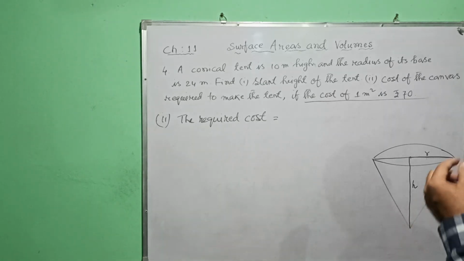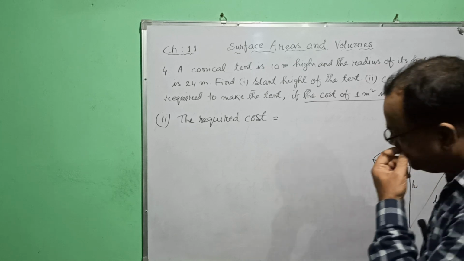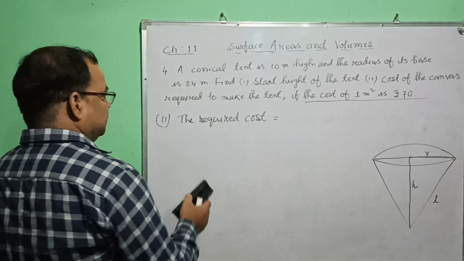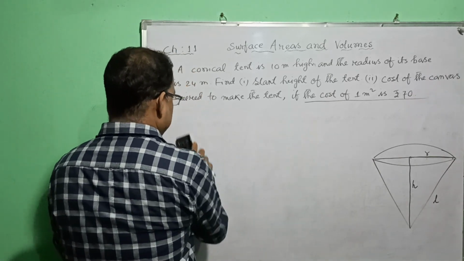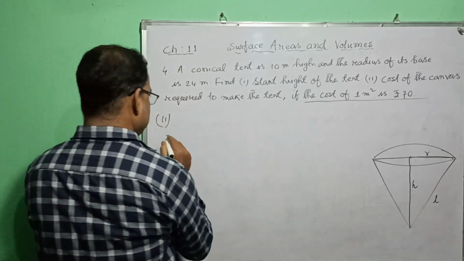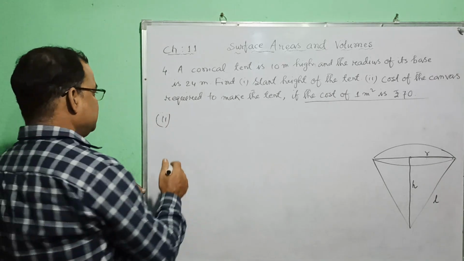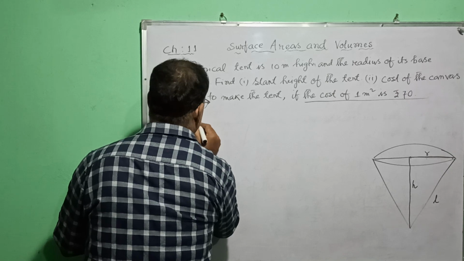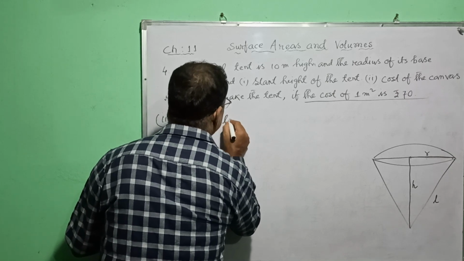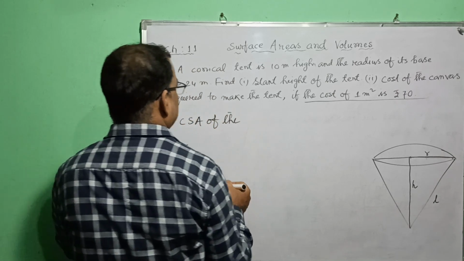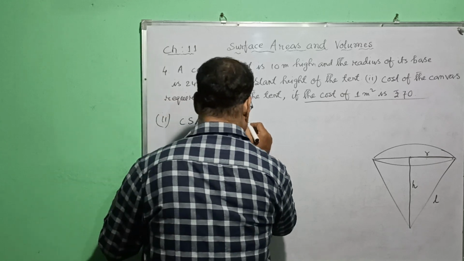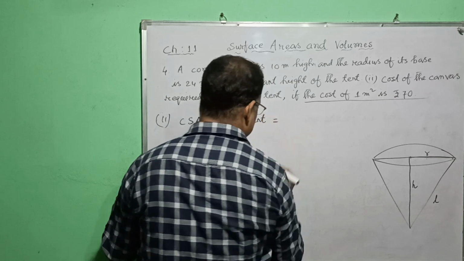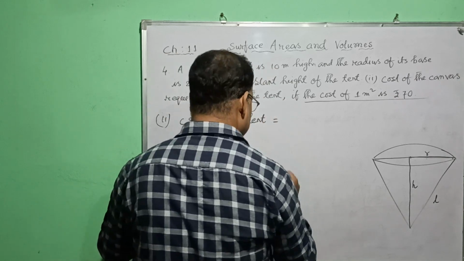So, before the required cost, we have to find the curved surface area. So, we'll find the curved surface area first. We'll write CSA of the tent equal to pi RL.